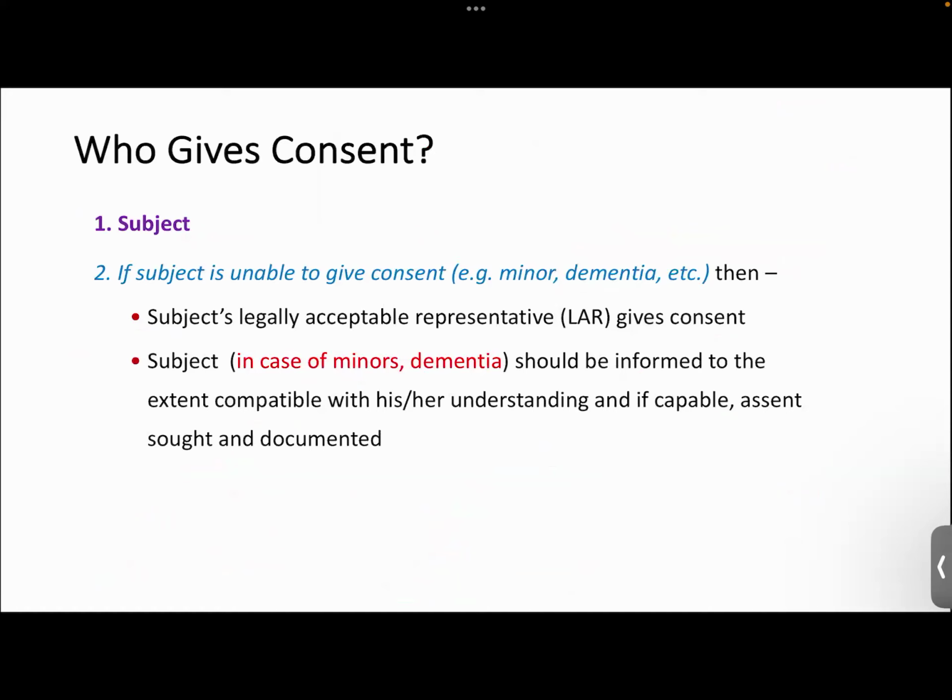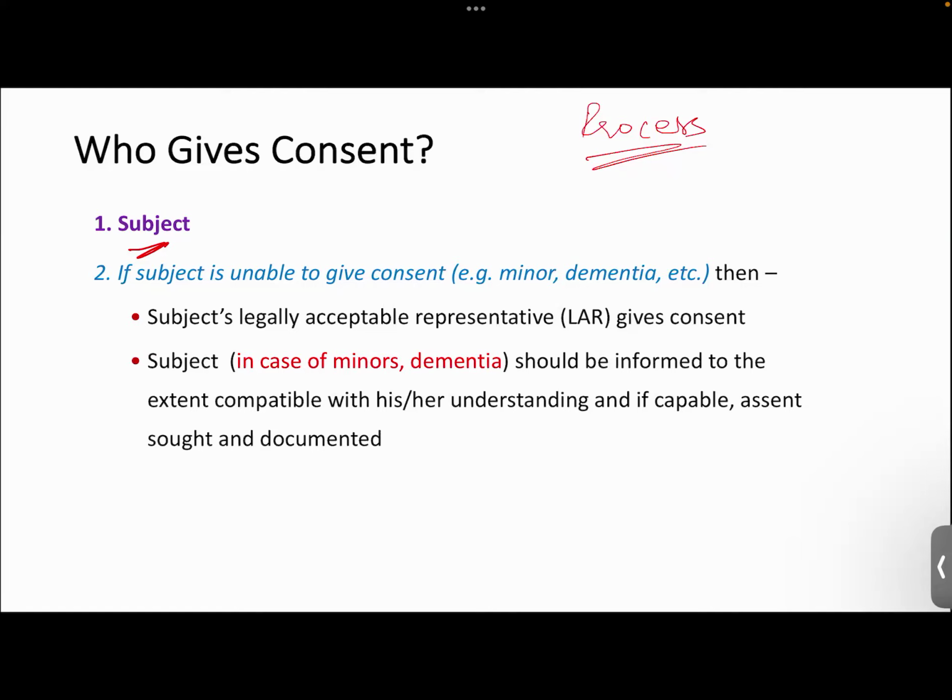Now we are moving to the process of how you will take consent in the actual setting, because some of you may be doing your trial, and some may soon become CRCs or other important roles where you may take consent. One is very clear: if the subject is an adult and conscious, you can take the consent, right?